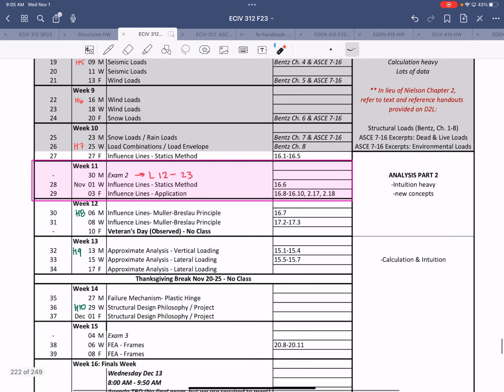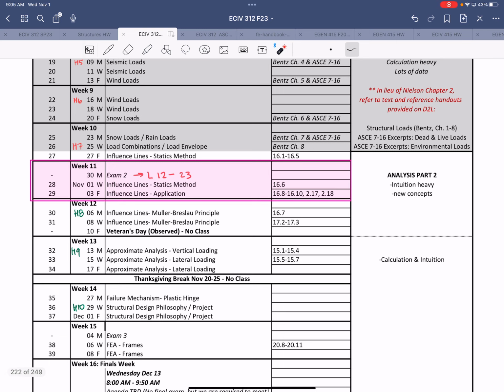It's just once you get exam 3 back, you'll know which one is your lowest. So after exam 3 is returned, that's when I will start accepting corrections for whichever exam you choose. I'll provide more details on that as we get closer, in case you want to start doing corrections for exam 1 or exam 2. Good question. Any others?